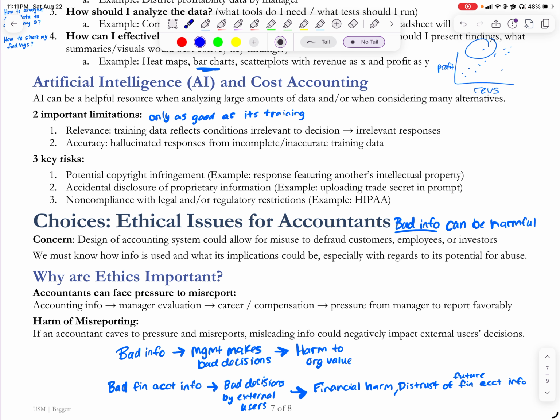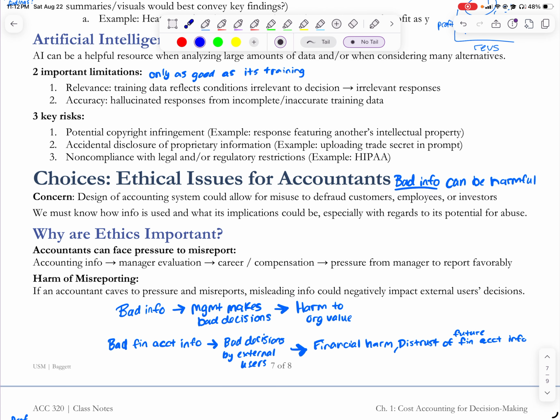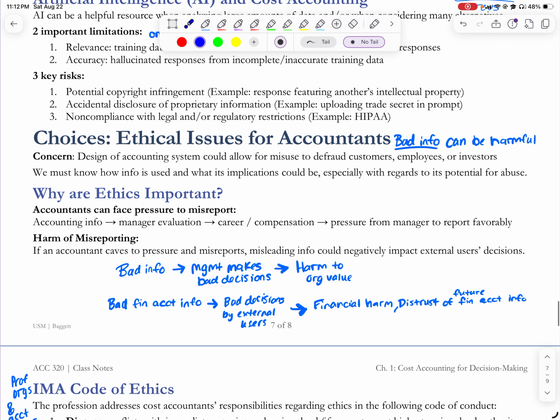And the response it gives you might feature that intellectual property that you do not have legal claim to, such that it could lead you to be in violation, or it could lead you to infringe upon another's copyright or intellectual property. So there's concerns about that. That would be an issue with the response you're given.